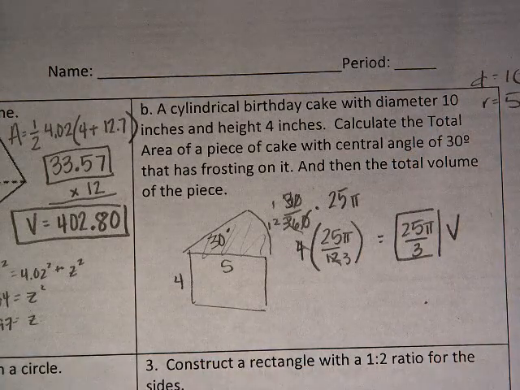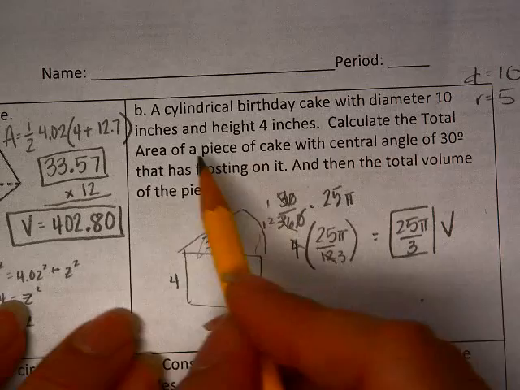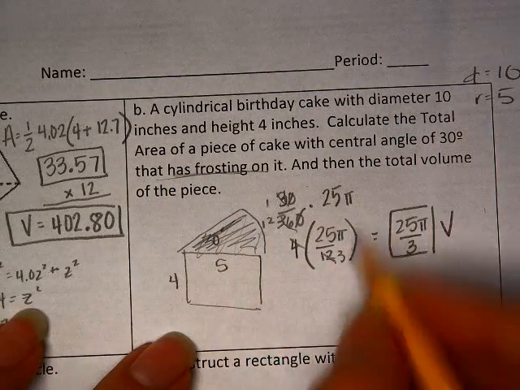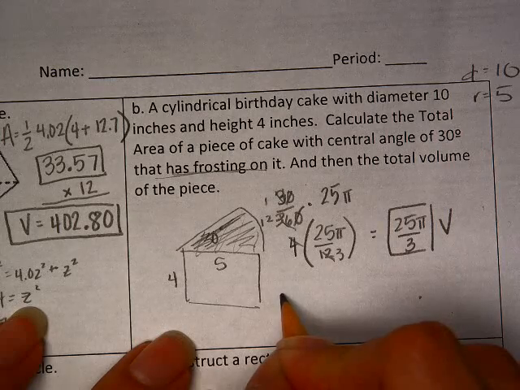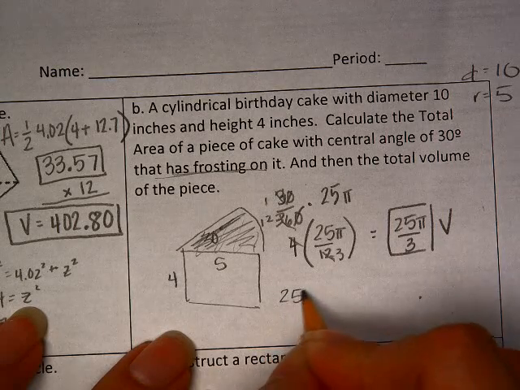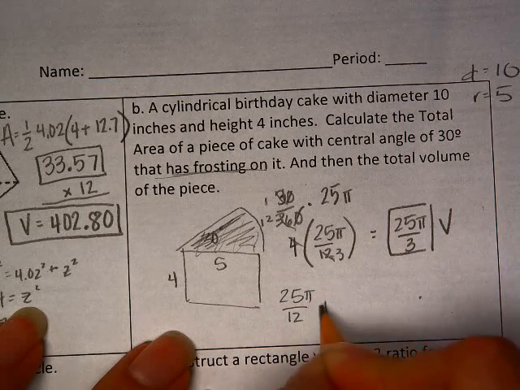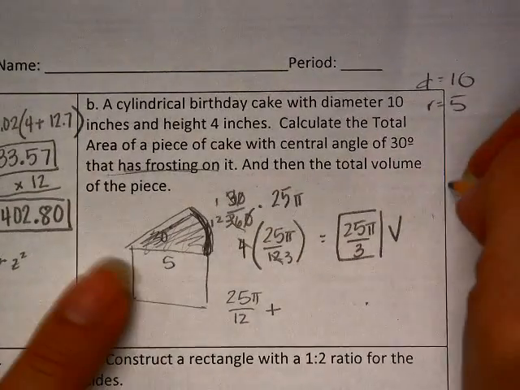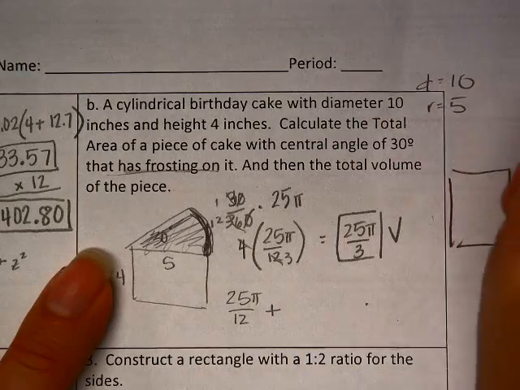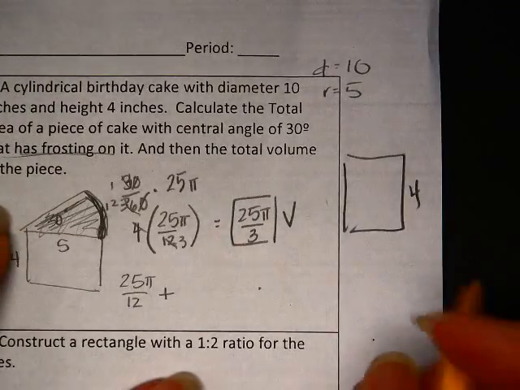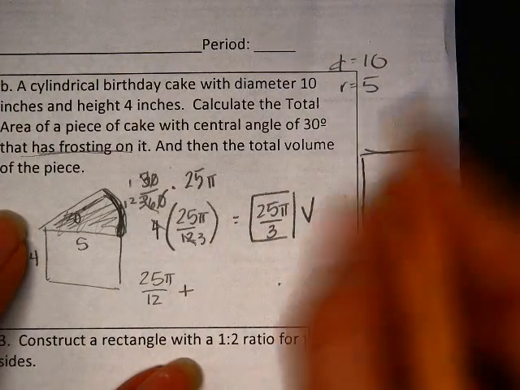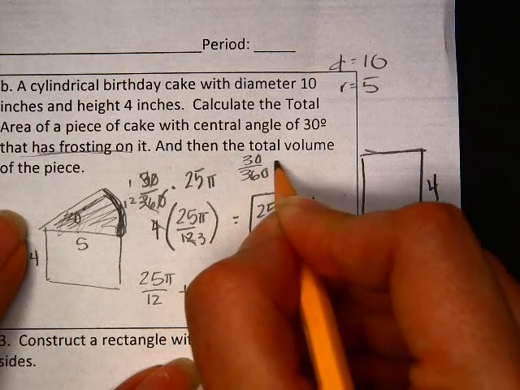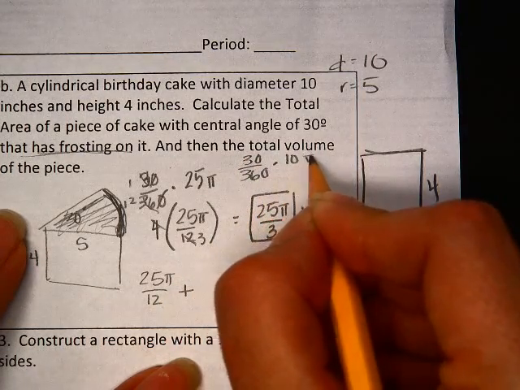Now, for the surface area, I'm asking for the total area that has frosting on it. So frosting is here, which we already decided was 25 pi over 12. And then the frosting is back there, which when I flatten it, the height is 4, and this length is the arc. So again, 30 over 360, but this time it's times 10 pi.